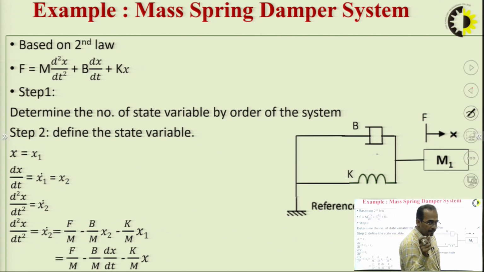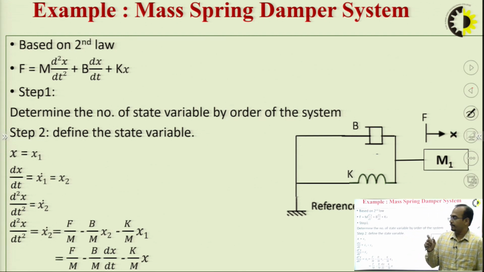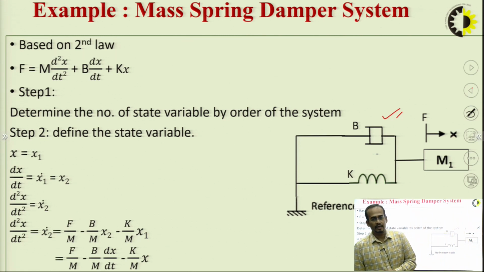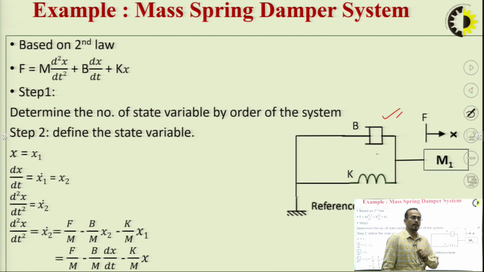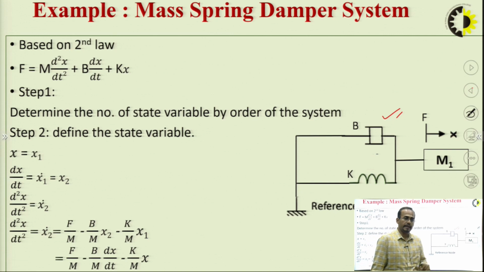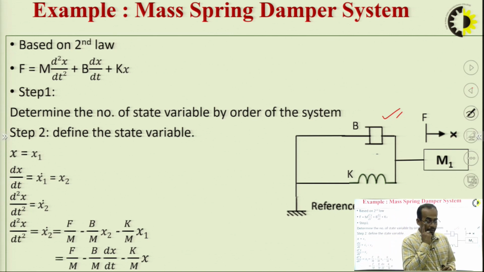For getting the differential equation, you can use two methods. Either you can make the free body diagram, or you can use the nodal diagram that I have already discussed in force voltage analogy and force current analogy, analogous systems in unit 1.